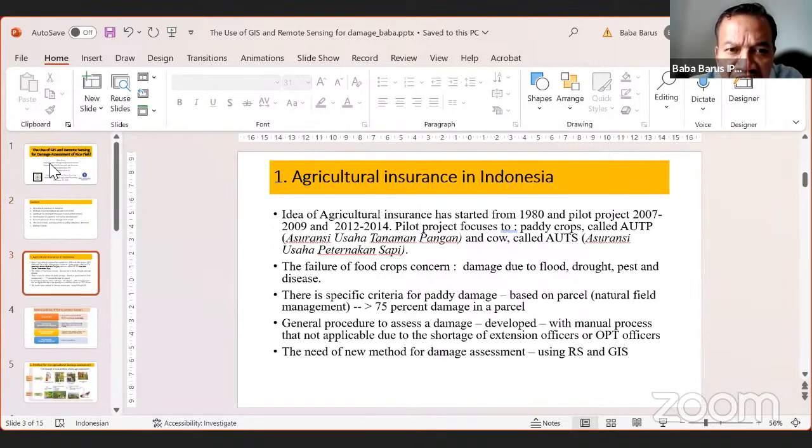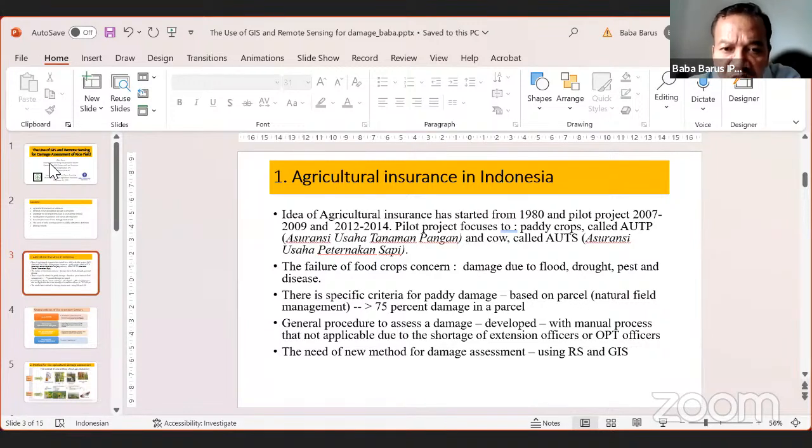For your information, agricultural insurance is quite important nowadays in Indonesia, especially to protect farmers who cultivate paddy. And so far, there are some concerns related to damage due to flood, drought, pest, and disease.